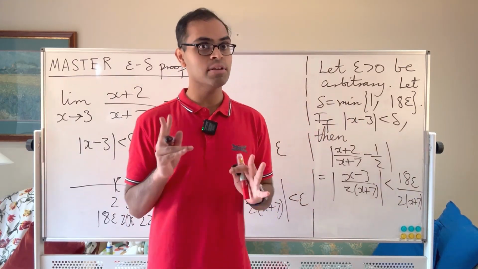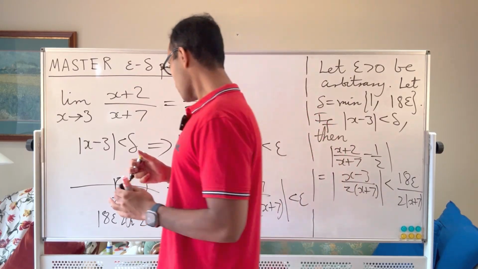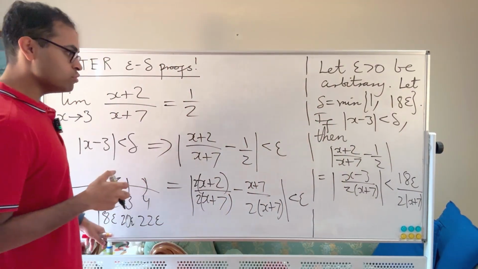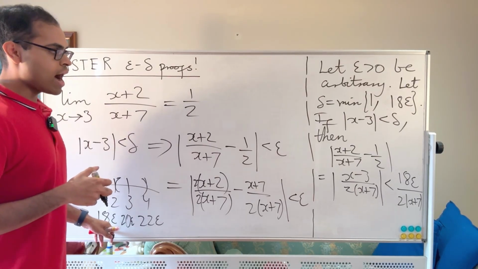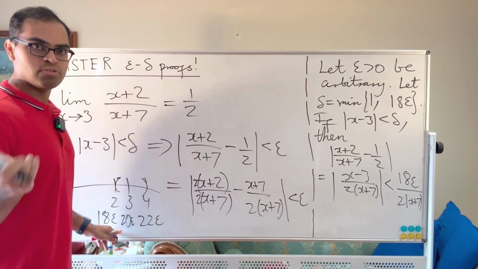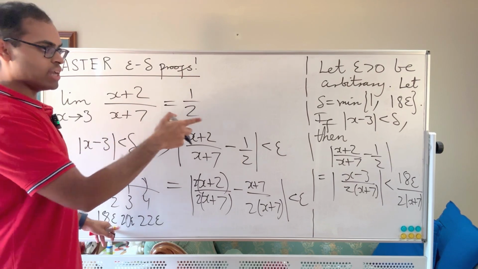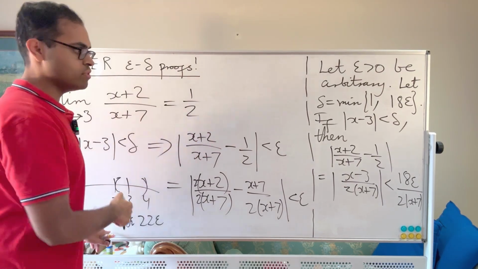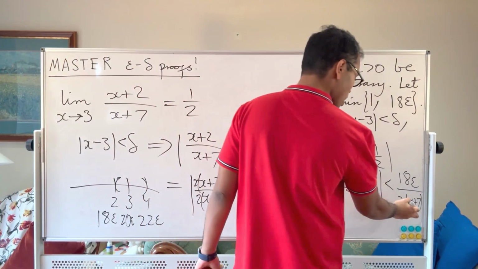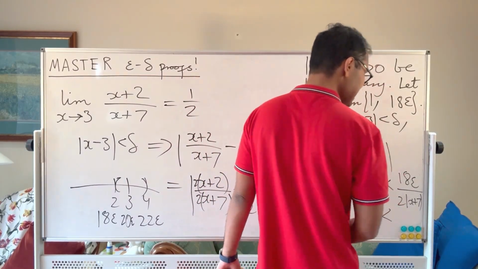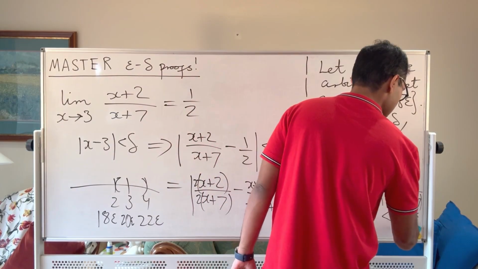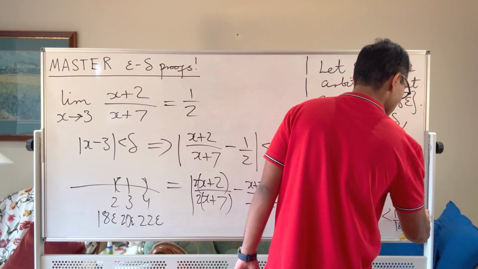The smallest value that 2 times x plus 7 could be is actually 18. If x is 2, since x is within 1 of 3, then you get 2 plus 7 is 9, and 9 times 2 is 18. So the denominator is greater than 18. If you take the reciprocal, you get a less than sign. It's going to be less than 18 epsilon over 18, which equals epsilon.